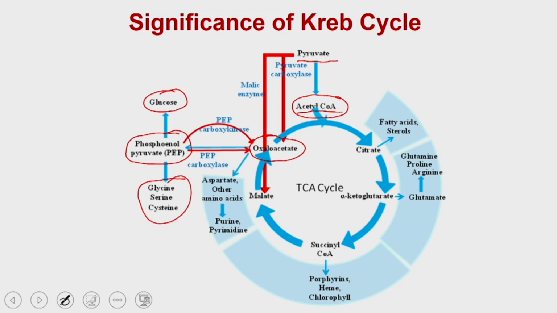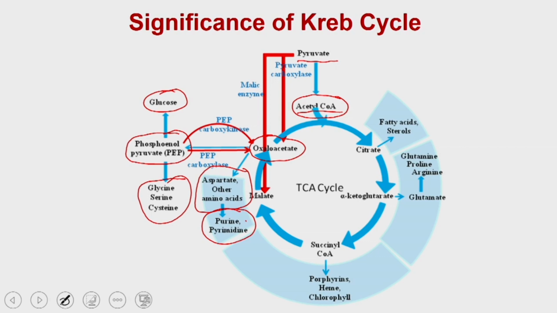In an alternate pathway, the oxaloacetate is also used to synthesize aspartate and other amino acids, and the carbon present in these amino acids can be used even to synthesize purines as well as pyrimidines. This means the oxaloacetate, which is part of the Krebs cycle, plays a central role in connecting the Krebs cycle to the amino acid pathway, the nucleotide pathway, as well as the resynthesis of glucose molecules.